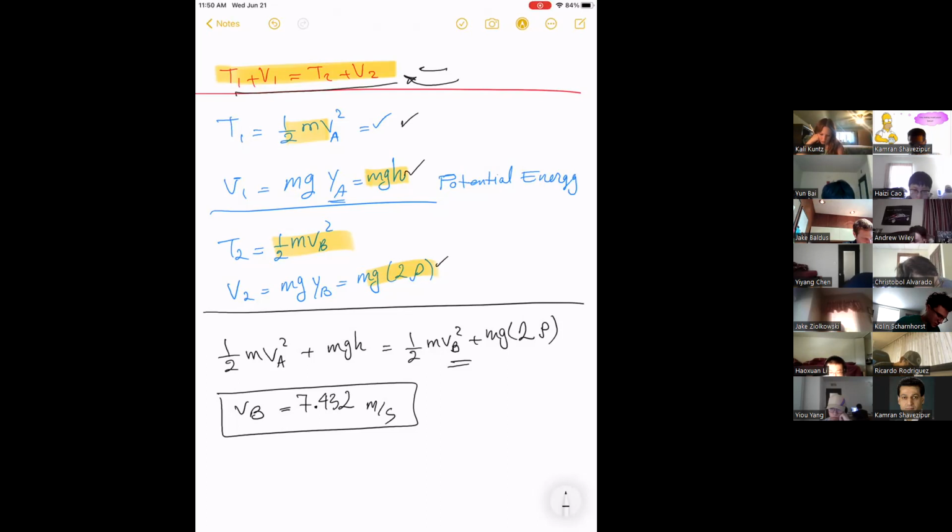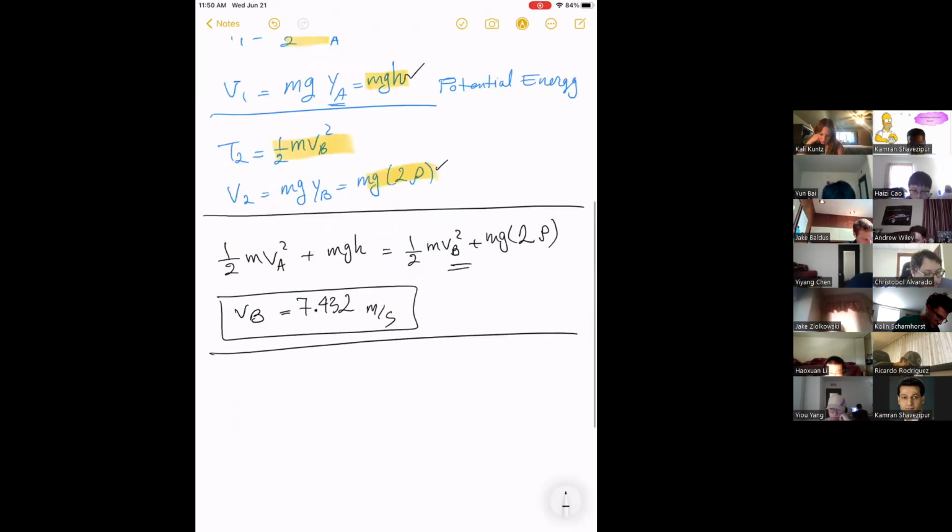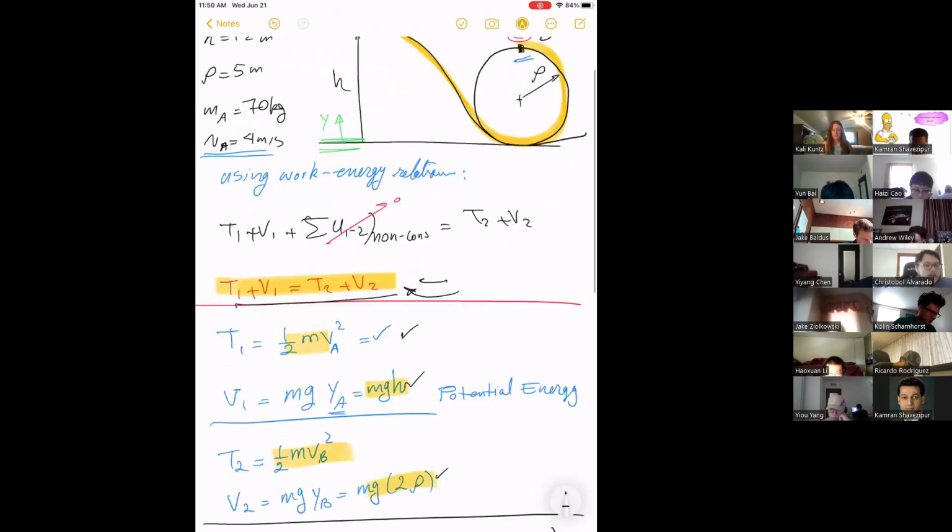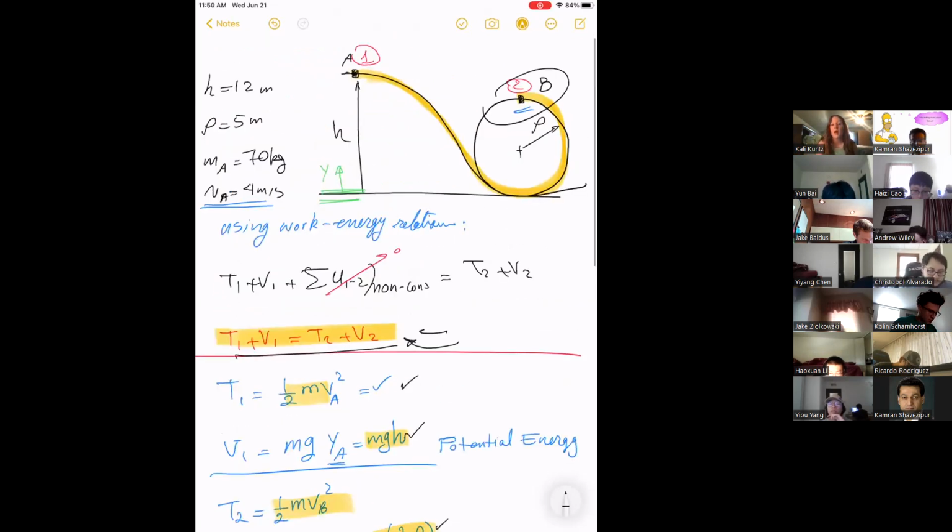The second part of the problem asks the reaction force when the guy is at point B. If you remember, this was a type of hanging ride where they sit here. My drawing skills should be a little better.